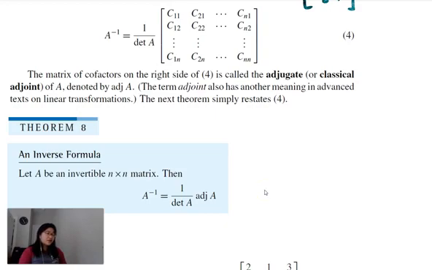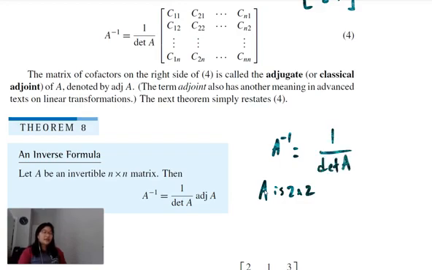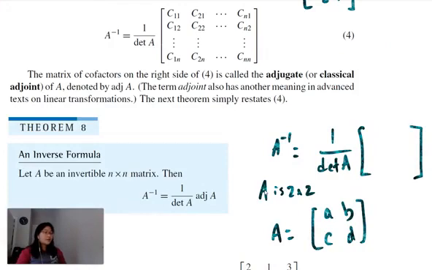And the way you can think about that is, when we're looking at an inverse where A is 2 by 2, you take 1 over the determinant of A, and then multiply that by d, a, and then we flip these to negatives.